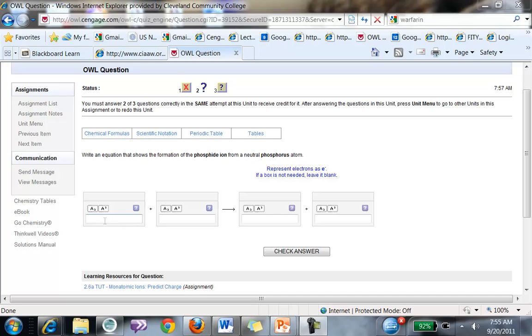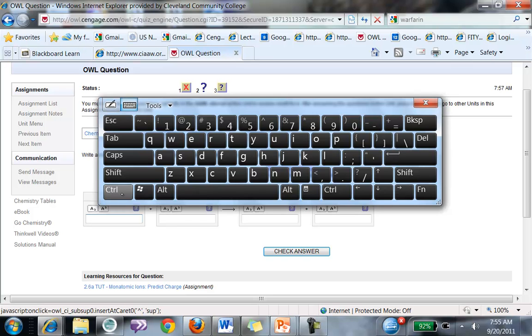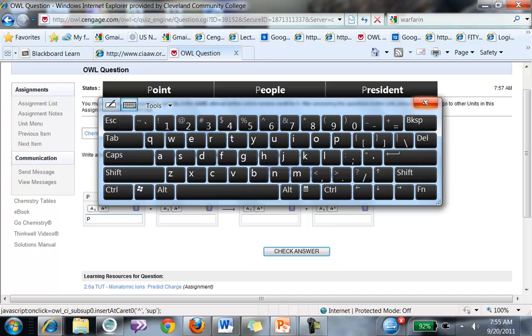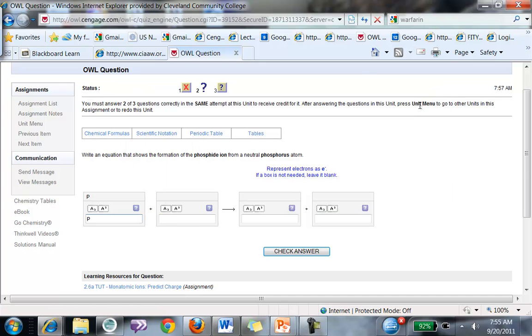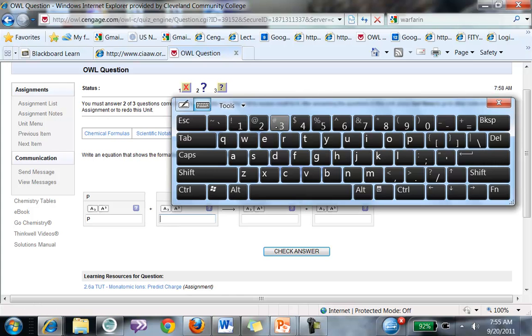So we want to start with phosphorus, and we will simply put in the symbol for phosphorus, and that's that. When phosphorus becomes a phosphide ion, it is going to have a -3 charge, so that means it's going to accept some electrons, actually pick up 3 electrons.